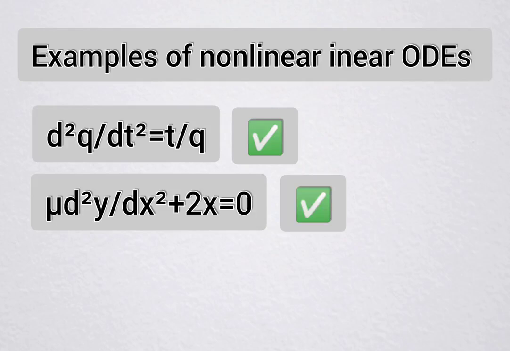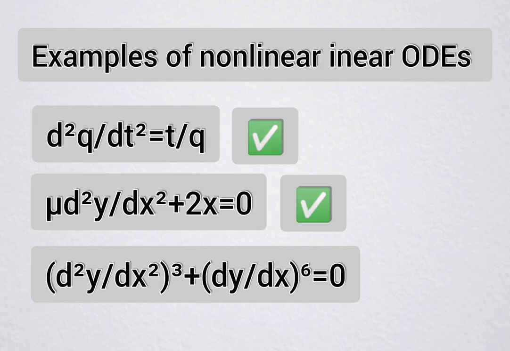The last and not the least, we have (d²y/dx²)³ plus (dy/dx)⁶ equals 0. Now, one of the rules says that the derivative must not have more than 1 degree. But if you observe the two derivatives here, both the second, the highest derivative, and the lower derivative, d²y/dx² and dy/dx, they have degrees that are more than 1.